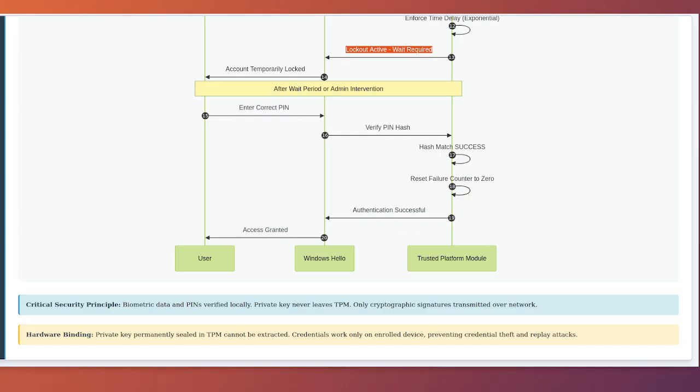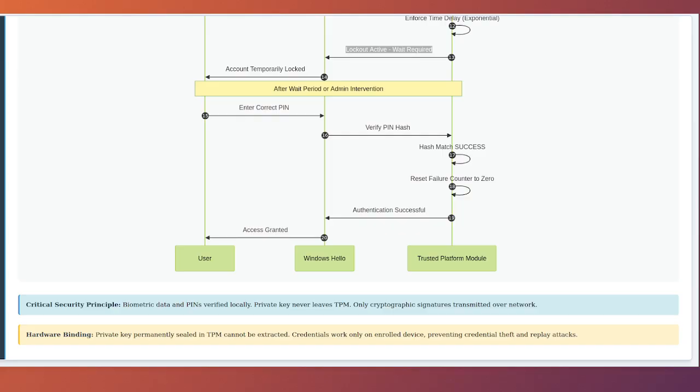The security model demonstrated in these diagrams is fundamentally different from password-based authentication. In traditional password authentication, the password is transmitted to the authentication server, which compares it against a stored password hash or validates it against a directory. This transmission creates opportunities for interception through network sniffing, man-in-the-middle attacks, or server compromise.